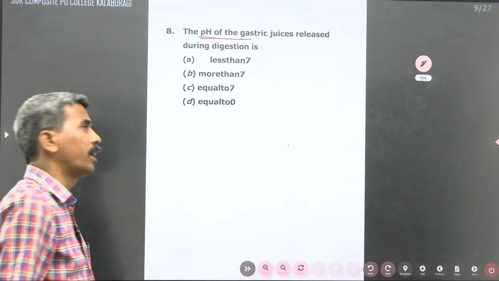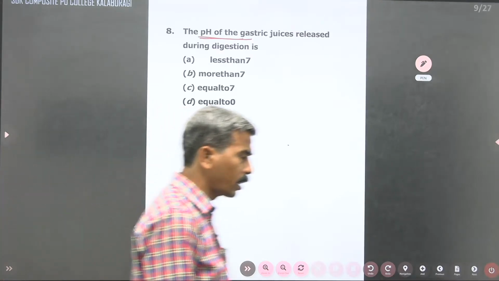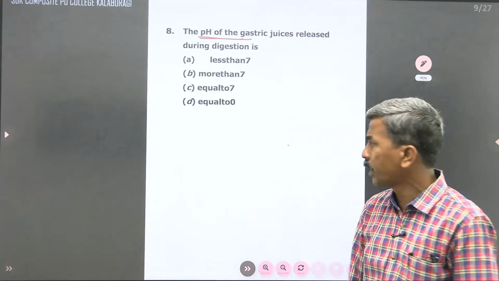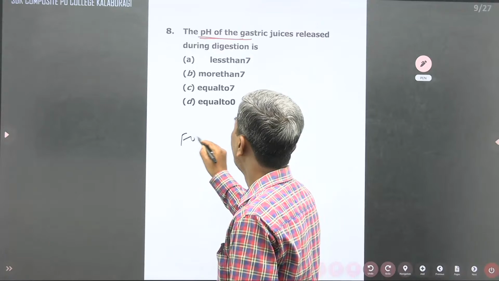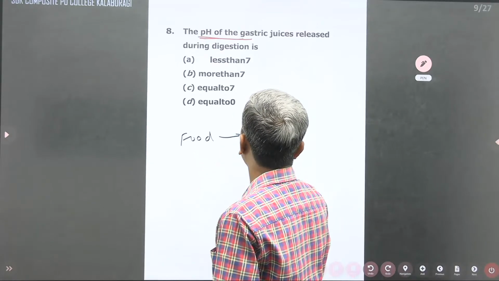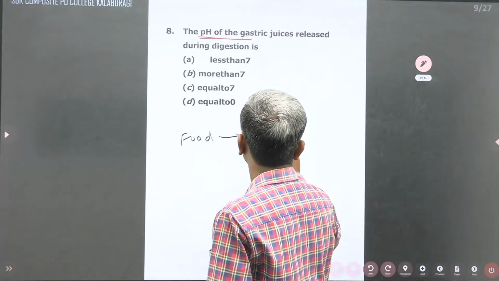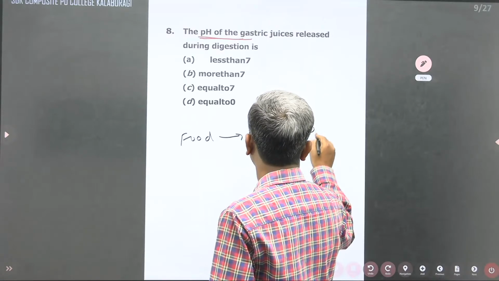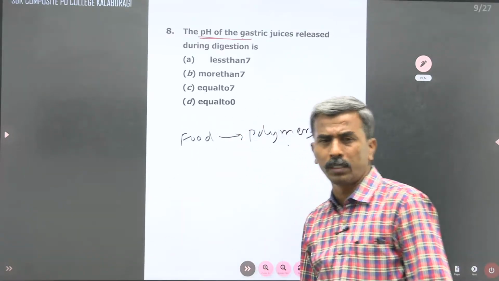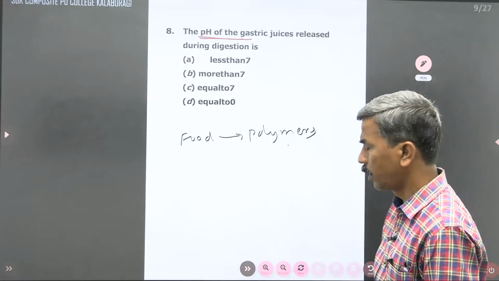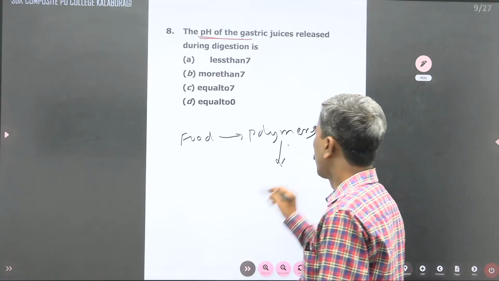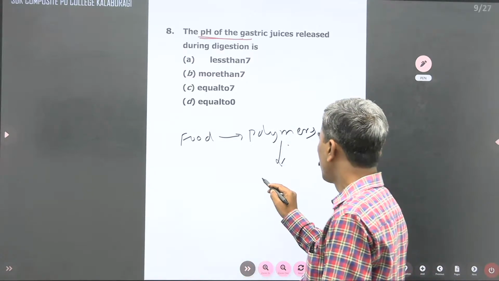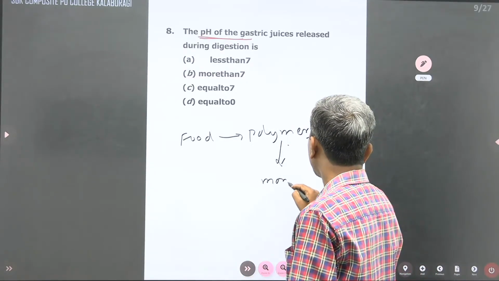Actually, while discussing pH, I also mentioned the importance of pH. Whatever food we consume, these are polymers, in any form, like rotis or rice and all those things. These are large molecular mass molecules. They break down into monomers.